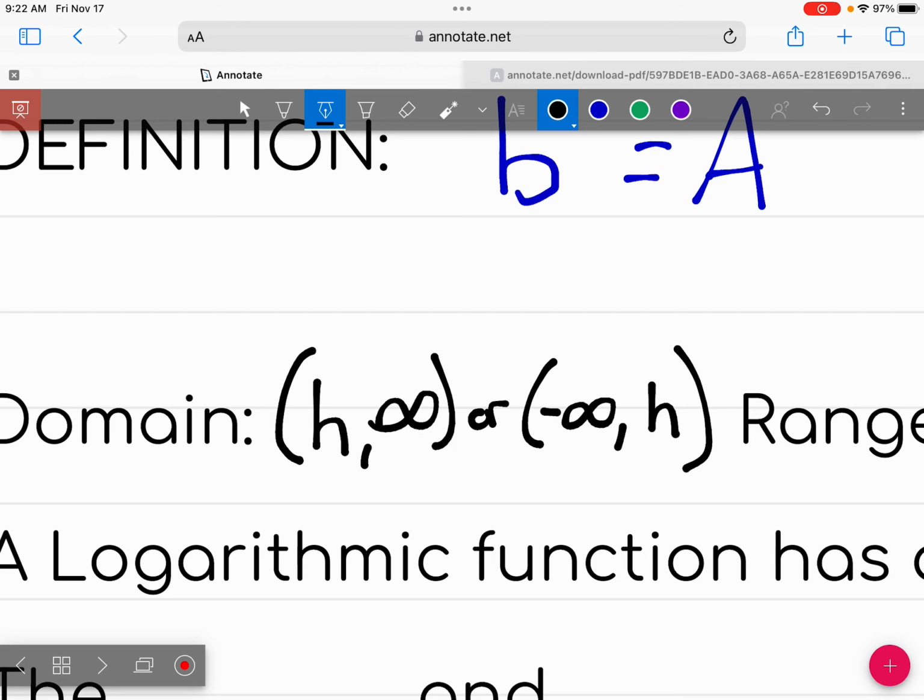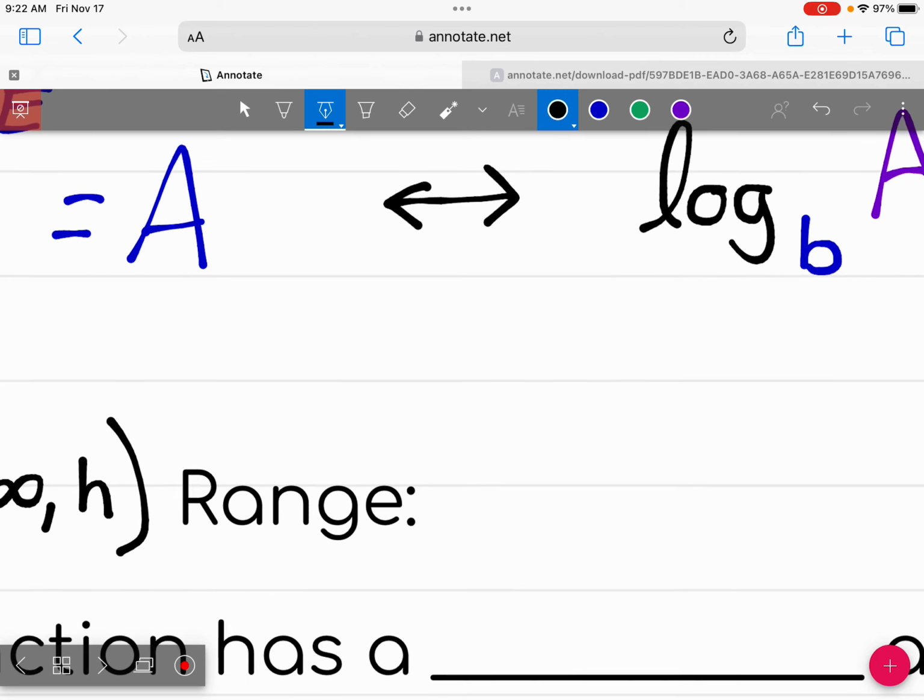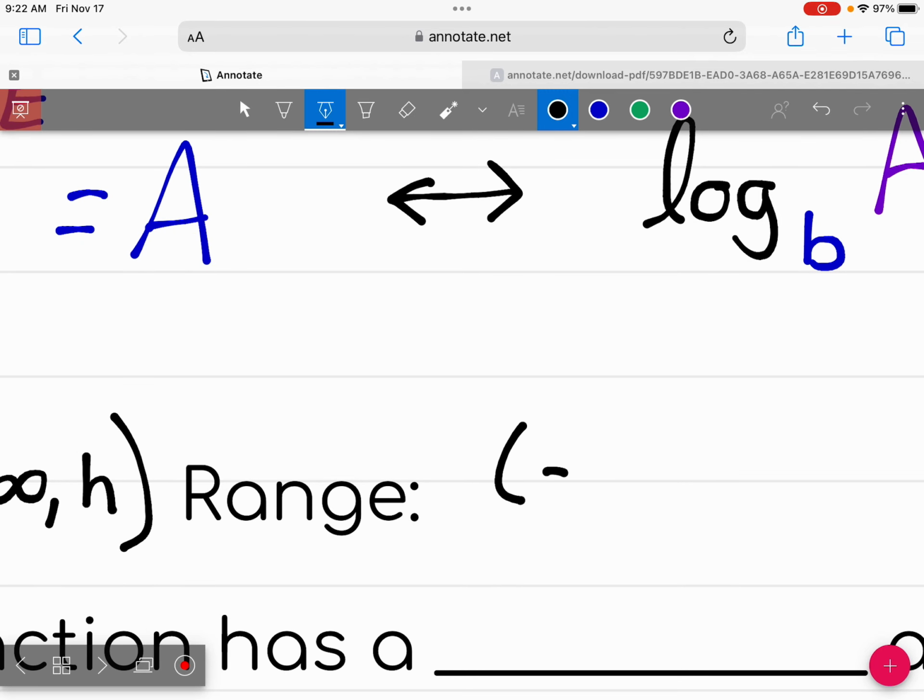Our parent function will therefore have a 0. But a logarithmic function has a limited domain. It is not going to be all real numbers. Our range, however, is all real numbers. It goes from negative infinity to positive infinity. It is the domain that an exponential has. Okay?